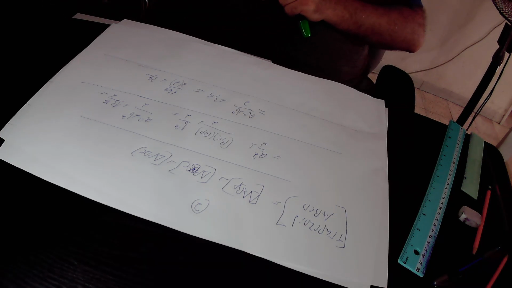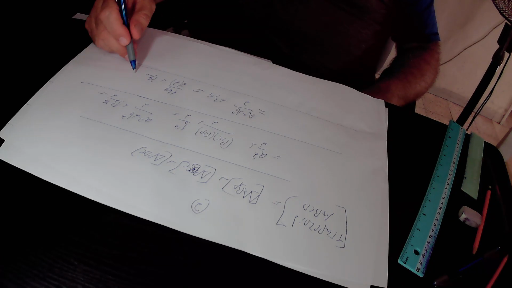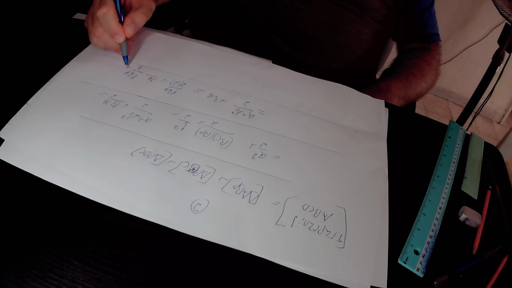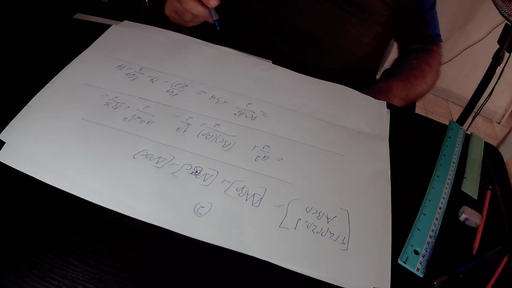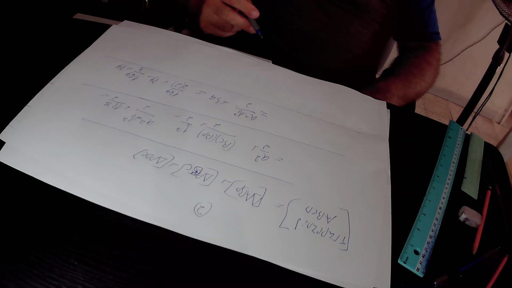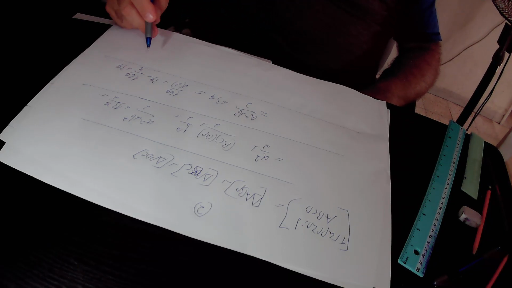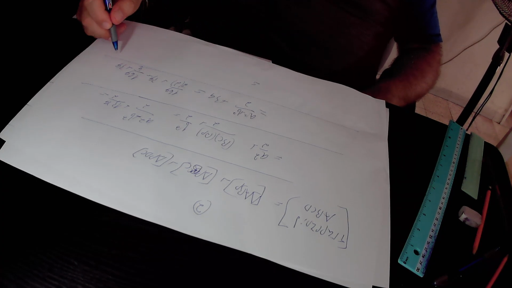So the trapezoid ABCD is equal to 169 over 2 times 2, that is 4, plus 39. So here we multiply 39 by 4, and then we divide it by 4 in order to have a common factor with this number.